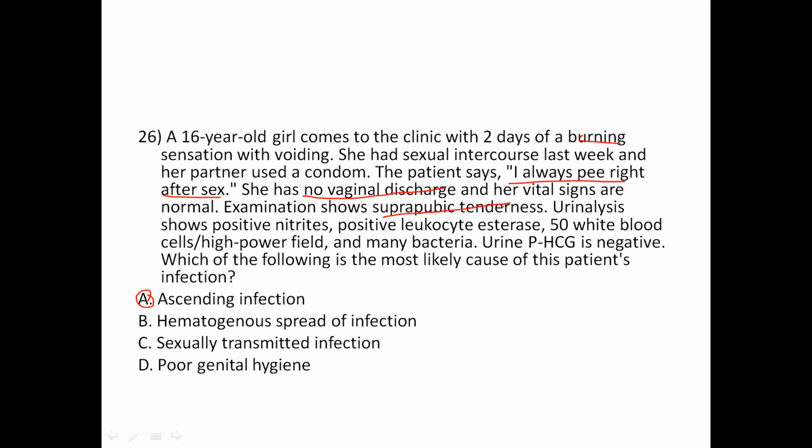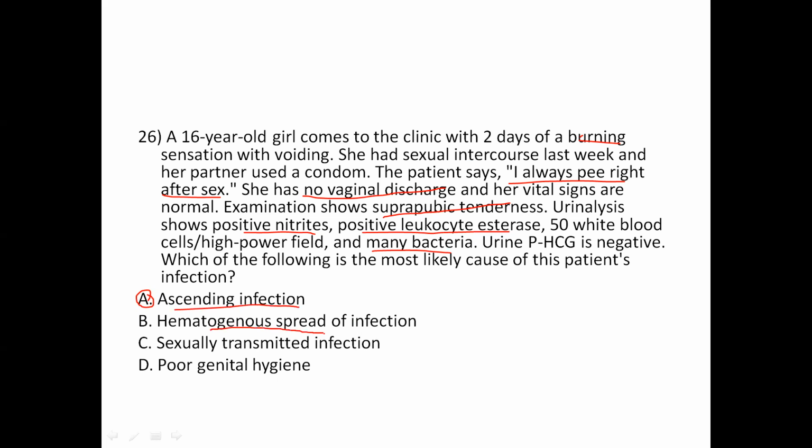Suprapubic tenderness is suggestive of cystitis or bladder infection or inflammation. Positive nitrites as well as leukocyte esterase are suggestive of infection, commonly with gram negatives, and many bacteria as well, which is suggestive of cystitis or urinary tract infection. So it is an ascending infection.